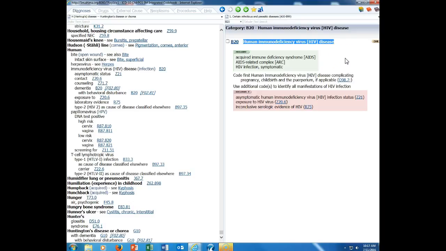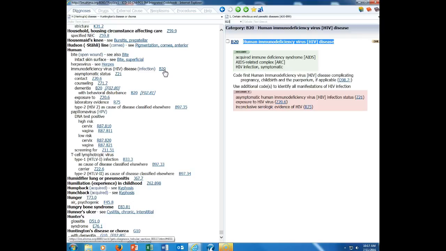It does not matter if they are treated with medication and they become asymptomatic. Once someone is coded as B20, they are always B20, and you will never code them as Z21 again. So that's very important to understand. Once they have developed the disease, they are always coded with the disease.